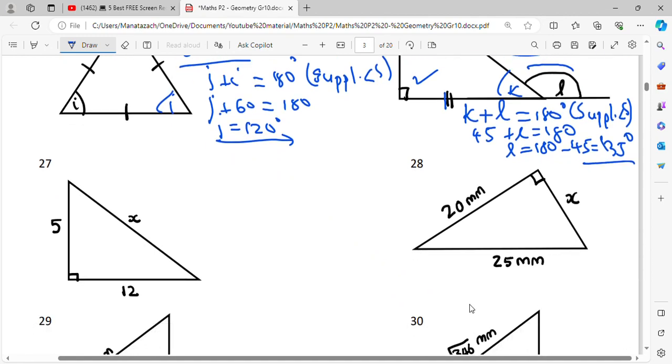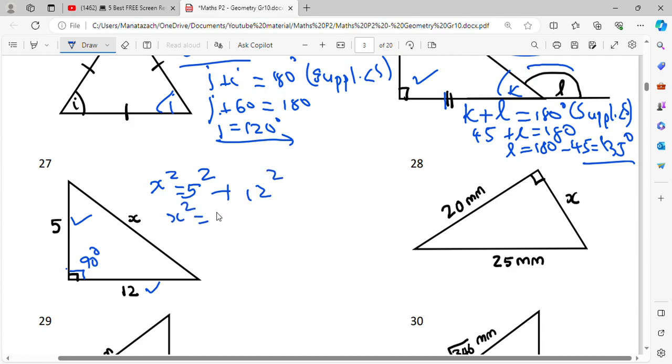Now let's do question 27. This is the right angle triangle. Since this angle is 90 degrees, we'll apply the theorem of Pythagoras by saying this hypotenuse side squared is equal to this side, which is 5 squared, plus this side, which is 12 squared.